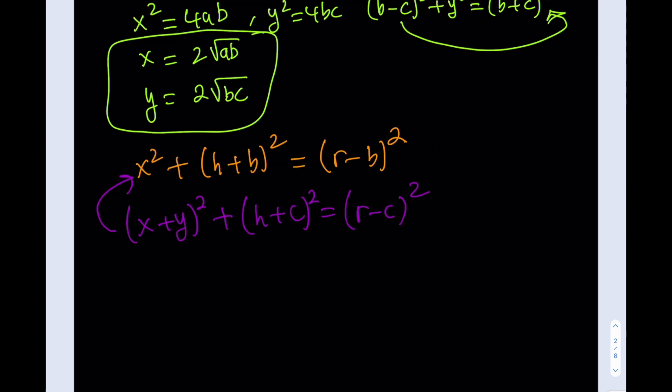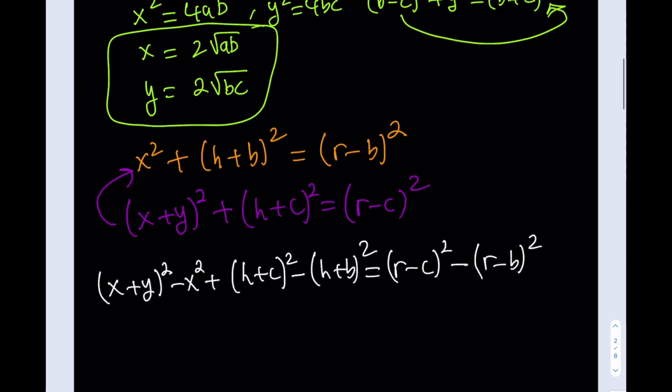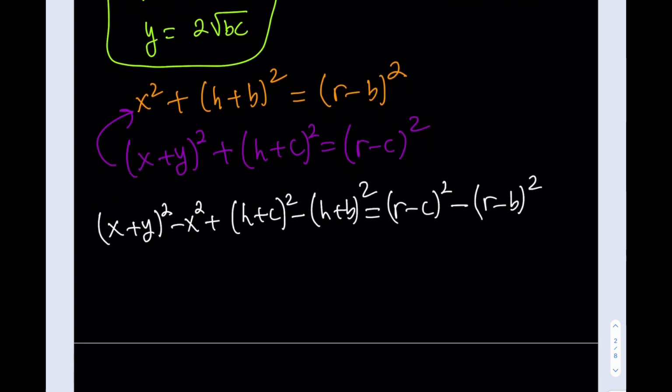So this is going to give me (x + y)² − x² + (h + c)² − (h + b)². I just like to subtract term by term. It's kind of easier and it'll make our work simpler. All right, let's go ahead and simplify this as much as we can. We're going to get something nice from here. It kind of looks complicated, but it'll simplify, don't worry.